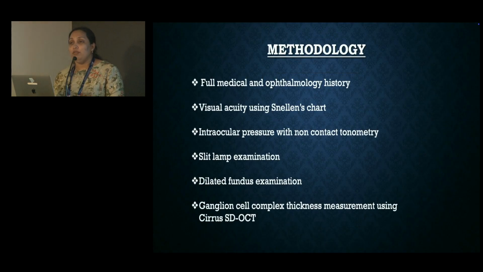The methodology: full medical and ophthalmology history, visual acuity using Snellen's chart, intraocular pressure with non-contact tonometry, slit lamp examination, dilated fundus examination, and ganglion cell complex thickness measurement using Cirrus SD-OCT.